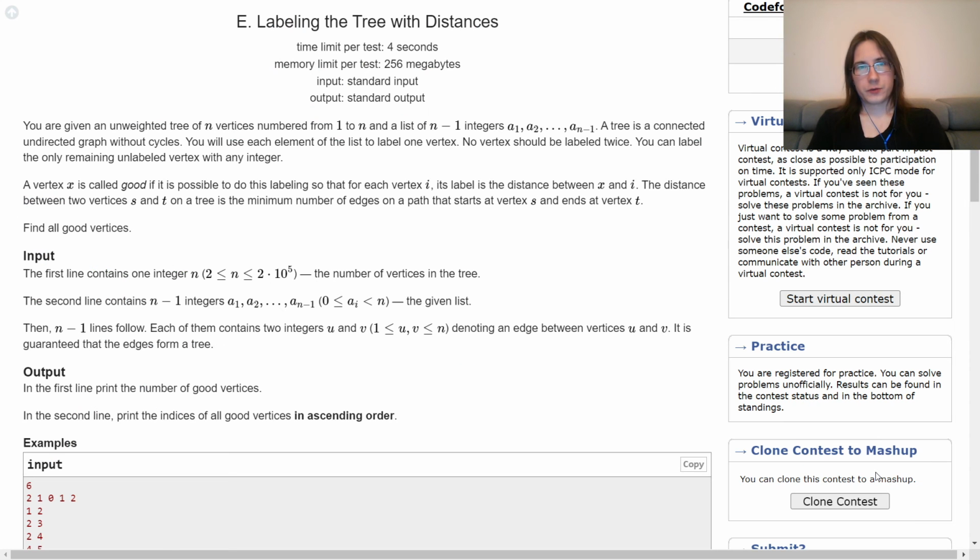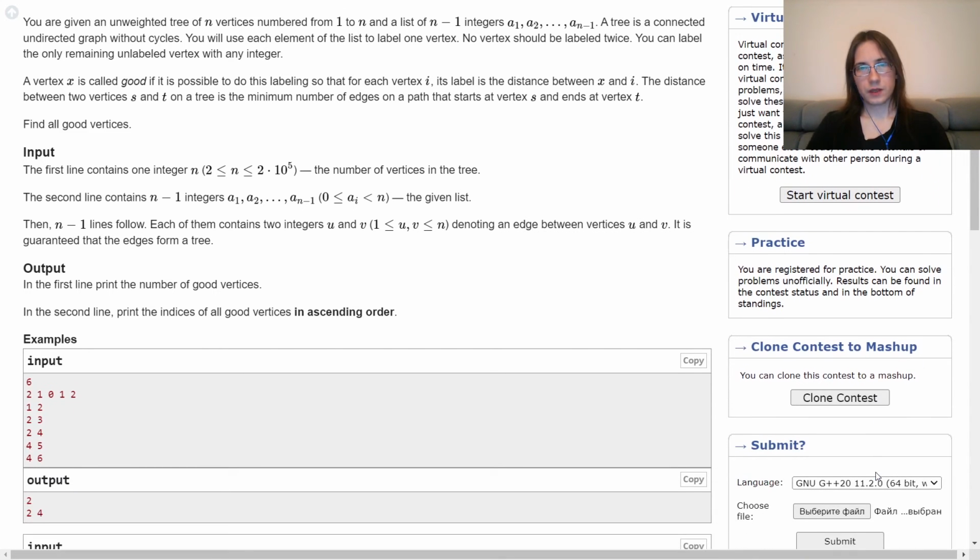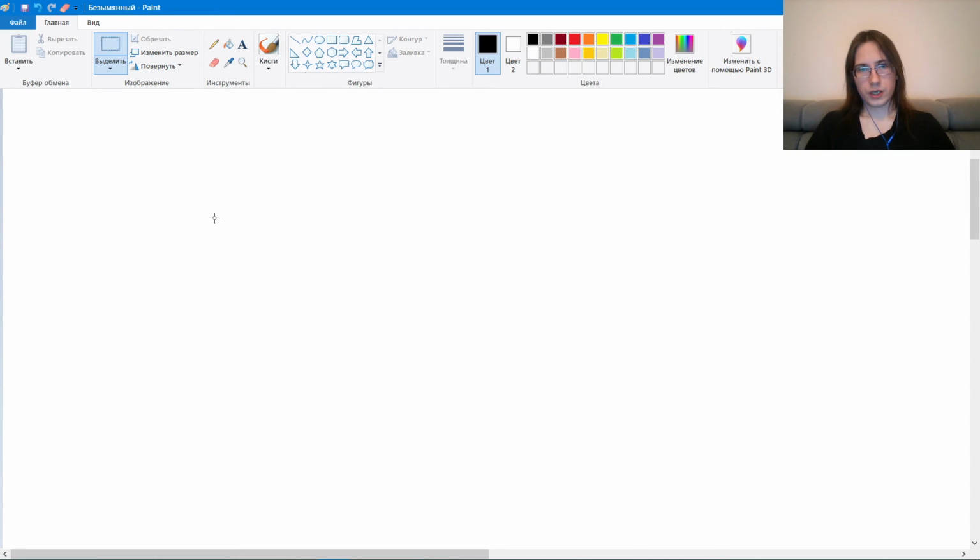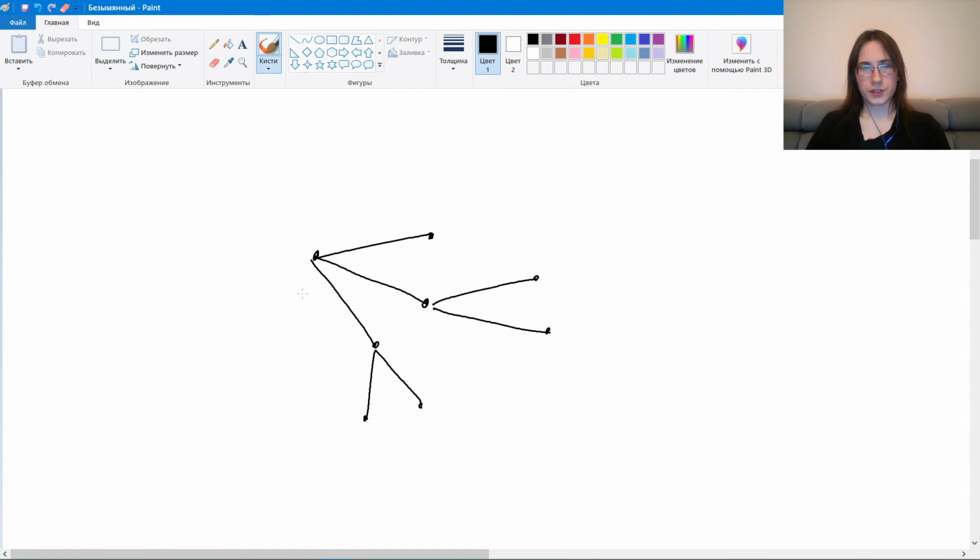And now the final problem E. You can read it now or listen to my explanation. So in my words, we have a tree and a set of n-1 numbers. We can choose a vertex of this tree, and we want the set of distances from our vertex to all vertices.